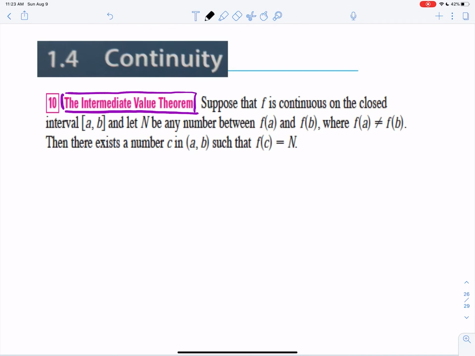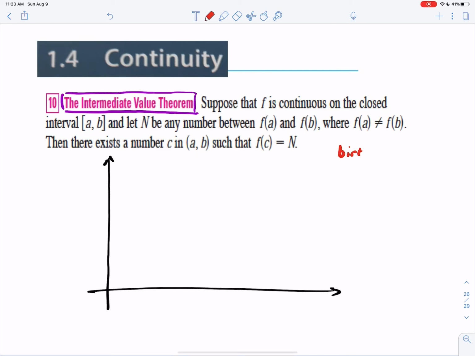Here, I am going to explain to you in a picture. Okay. So, here's a situation for you, a scenario, okay? I call this the birth height scenario. Okay?